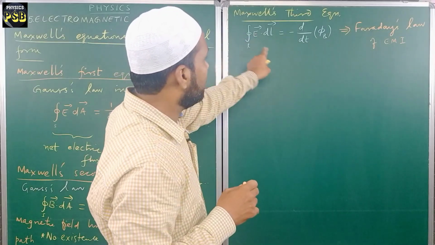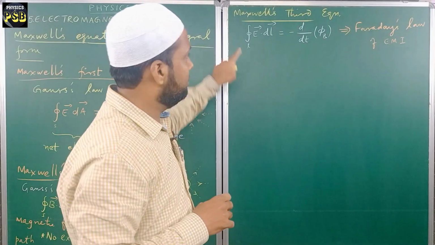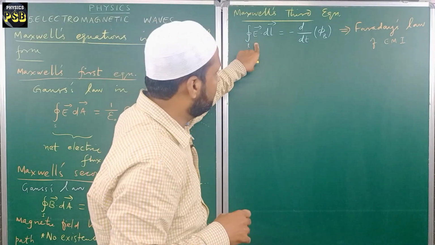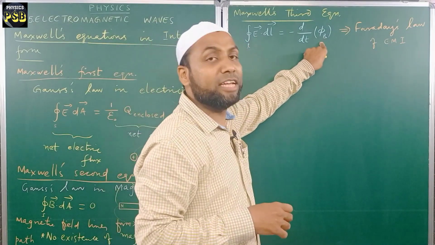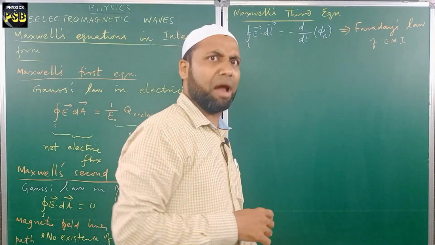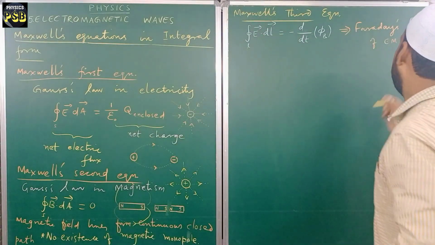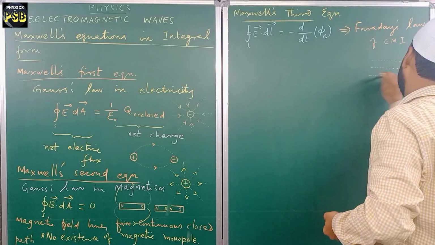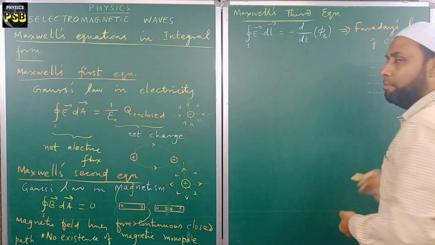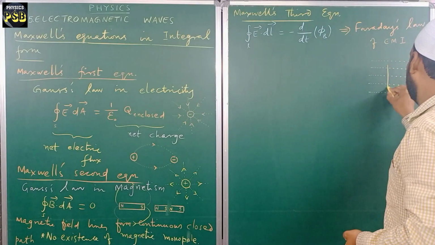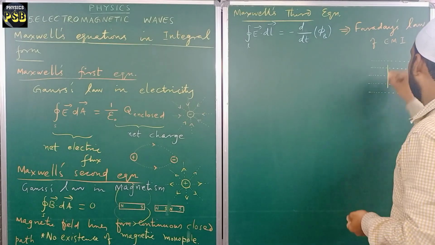Here, if you look at this equation, you may find that it relates the electric field with the change in magnetic flux. What is this magnetic flux? Suppose I have magnetic field lines passing through a given area.